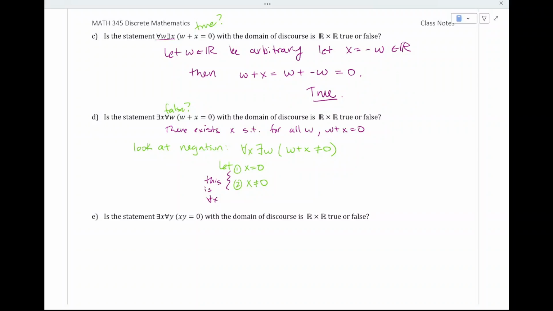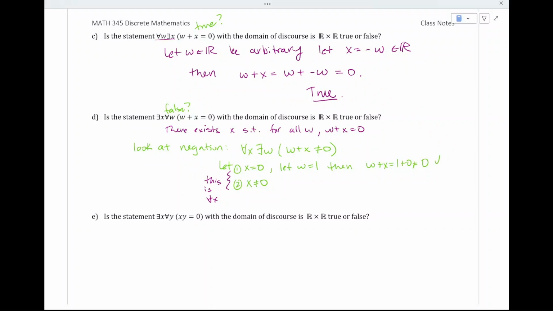In the first case, let's let w equal 1. Then w plus x is 1 plus 0, which is not equal to 0. So I've shown that this so far is true.